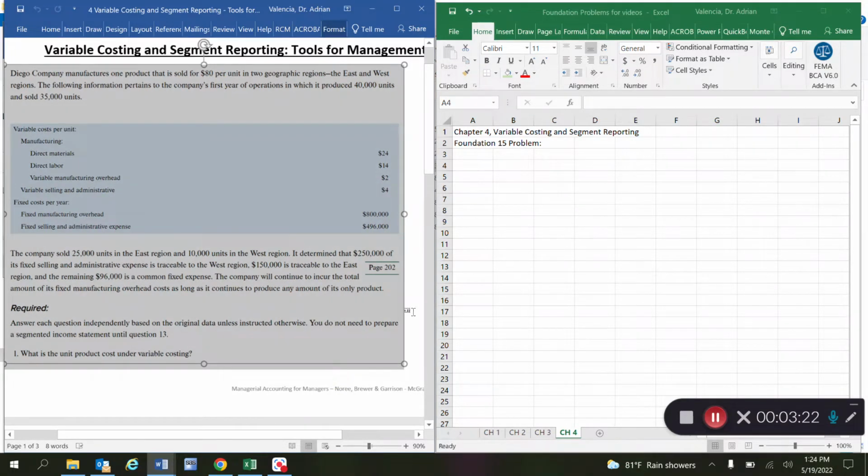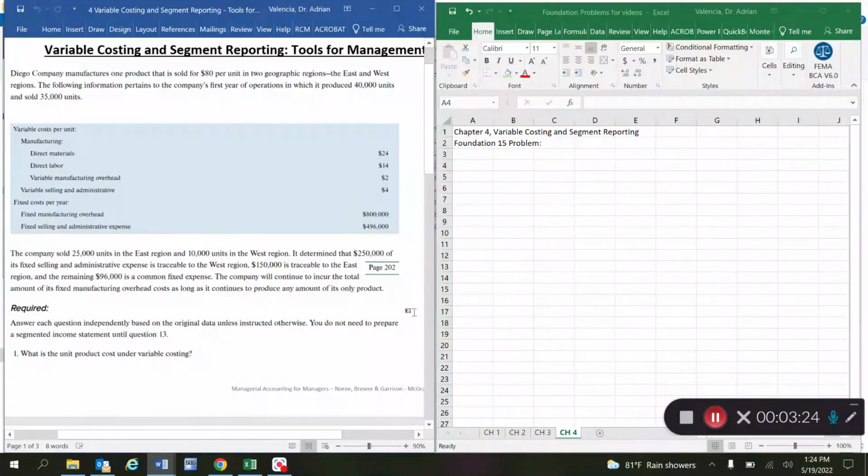That's what they're saying. And in reality, that's usually the case, because getting rid of your fixed cost in the short run is very hard. This relates to depreciation of buildings. This relates to depreciation of machinery, etc. Those are big ticket items. And in the short term, you can't get rid of those things. So even if you change things up, many times the fixed cost, whether it's manufacturing or selling and administrative expenses, those are sticky.